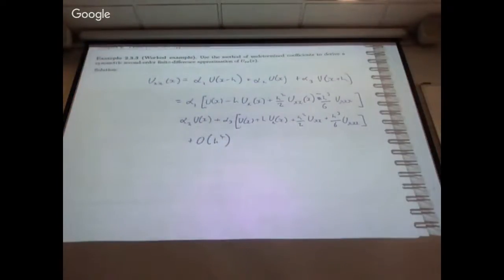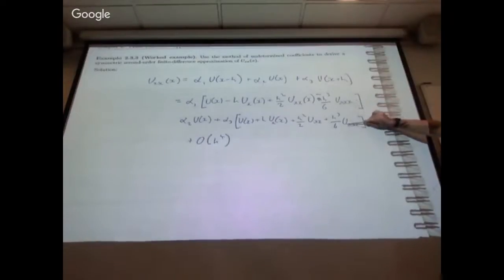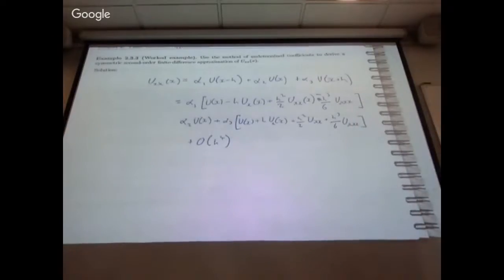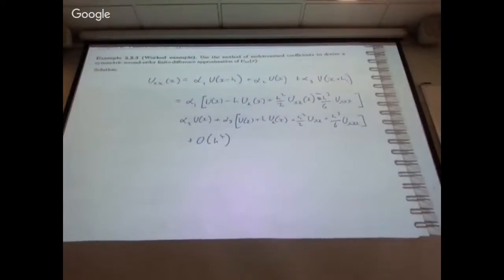Don't forget to put the truncation error. Because I've included terms up to third order, the truncation error is big O to the 4.